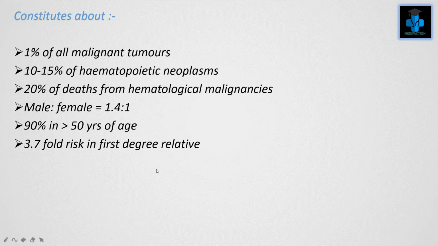These constitute about 1% of all malignant tumors, 10 to 15% of hematopoietic neoplasms, 20% of deaths from hematological malignancies, and the male to female ratio is 1.4:1, with 90% above 50 years of age and a 3.7 fold risk in first degree relatives.